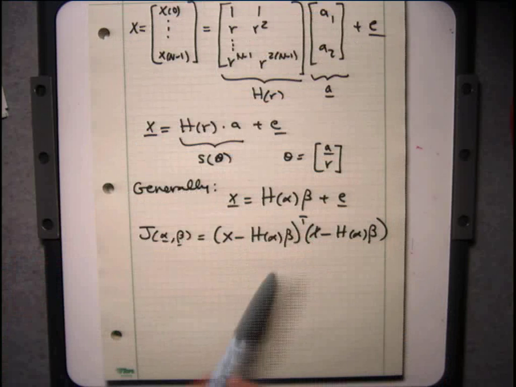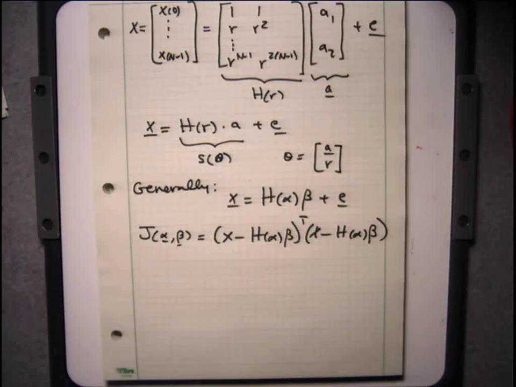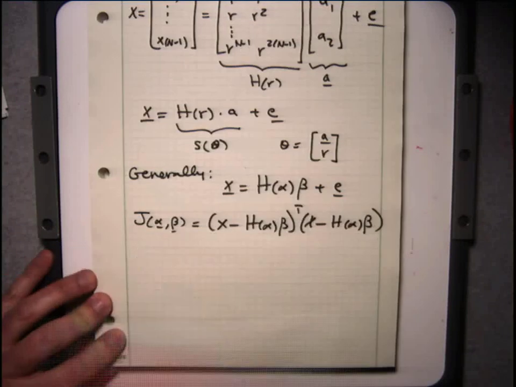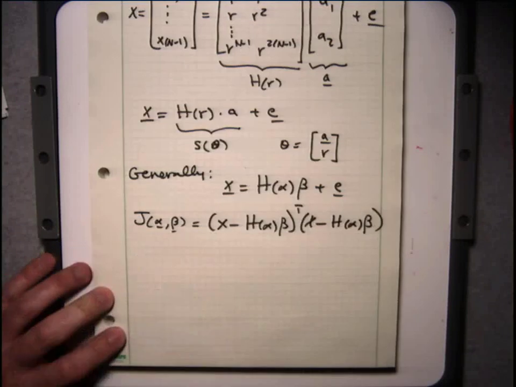All right, so what we're going to do now is just play a trick. Namely, we're first going to assume that alpha is known. We're just going to fix it: pick a number, fix it, and solve this as if it were just a linear least squares problem.